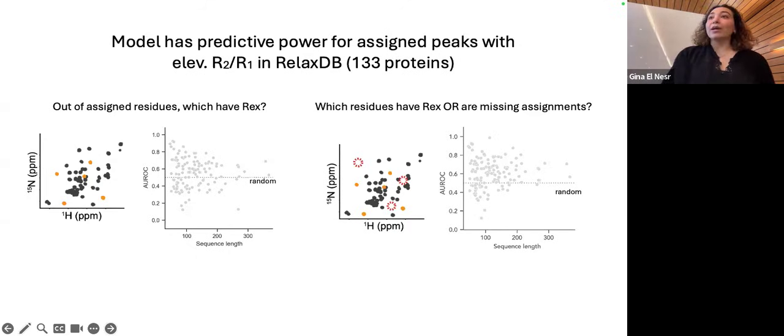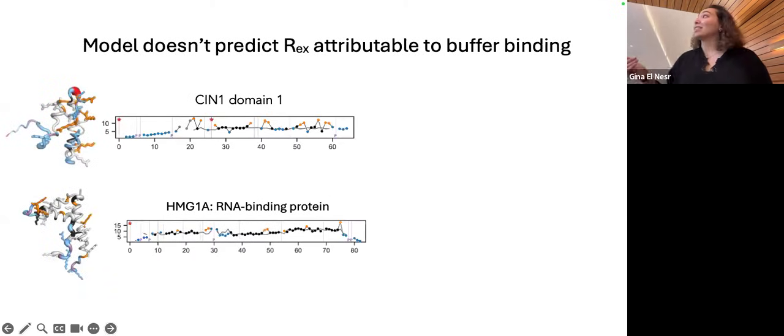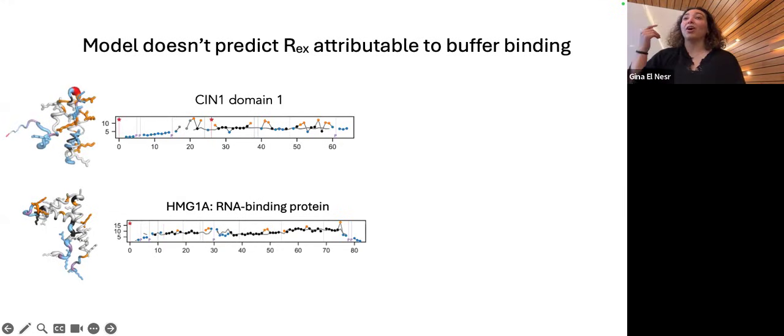We went back and looked at every single one of those and asked, what do they have in common? What we realized is that our model doesn't predict REX if it's attributed to buffer binding. These are experiments where someone took the protein and did the NMR experiment in phosphate buffer, but phosphate is also the same group in RNA. So that protein, which typically binds RNA or DNA, was interacting with the phosphate buffer.